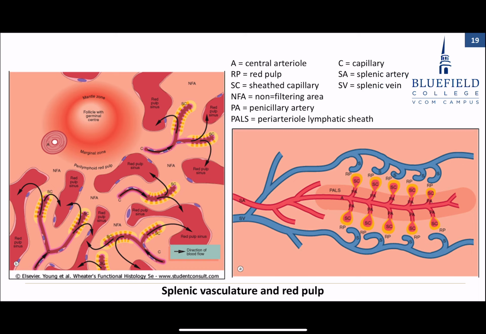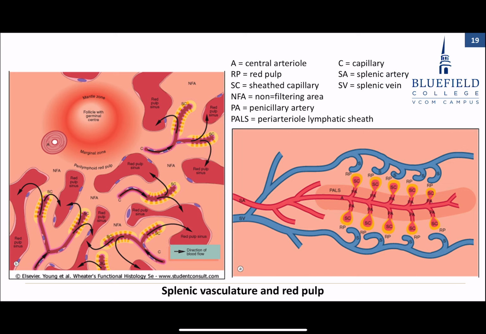Now, the penicillar arteries are then going to branch into what are called sheathed capillaries. And those sheathed capillaries are unique. They're blind-ended. They're sinusoidal type capillaries. Remember the sinusoidal capillaries where they're missing pieces? In fact, the walls of them eventually have no endothelial cells as they lead into the red pulp.